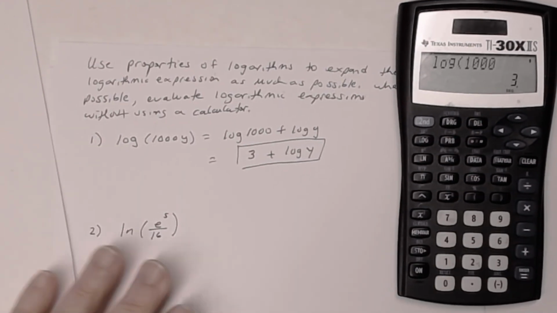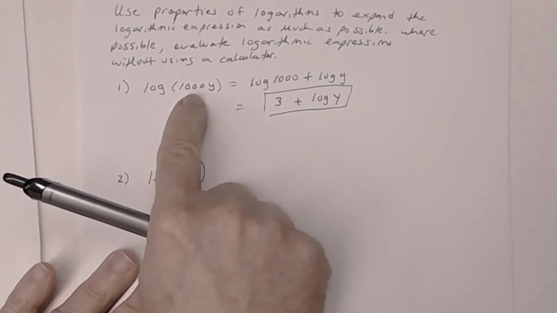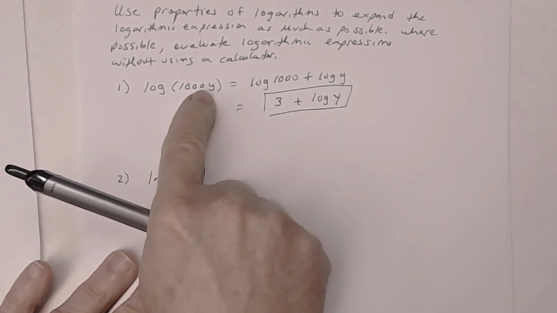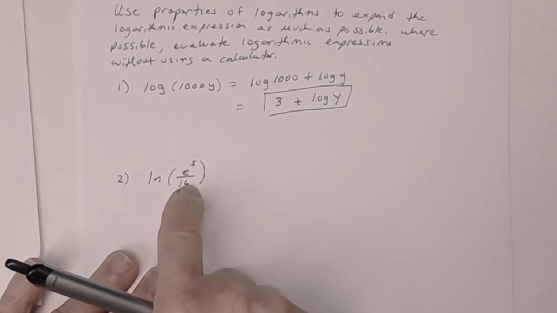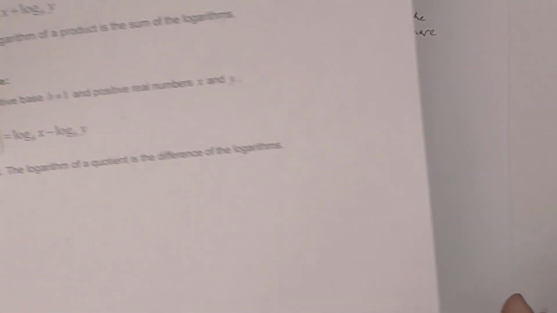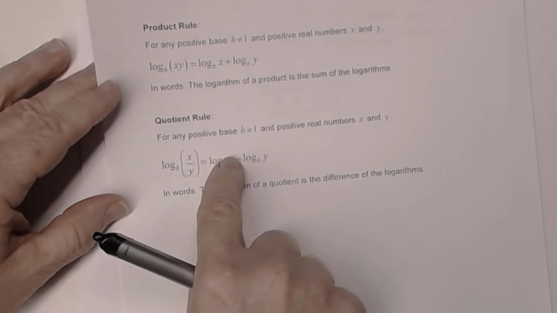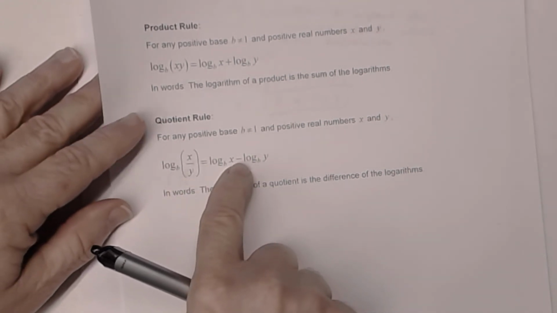Okay, number 2. All right, so if number 1 was the log of a product, then what is number 2? Number 2 is a log of a quotient, a division, right? So you're doing a division. So since that's a division, then we're going to use this property right here. So we're going to write as a subtraction, as a difference.